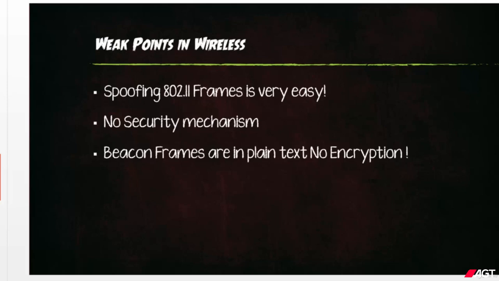We saw that we can see the channel name and the SSID, all those details in beacon frames very easily using Wireshark. So these are the weak points in the wireless method, and we will see how we can further exploit these things in the advanced section.